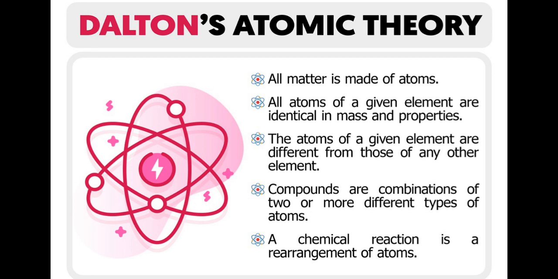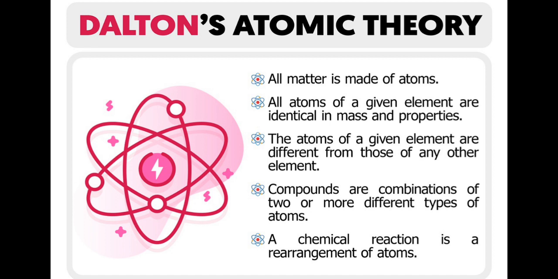Let's say CaCO3, limestone, is dissociated to CaO and CO2. That's dissociation. So chemical changes, chemical reactions occur when you combine or when you separate atoms. Those are his 5 theories.